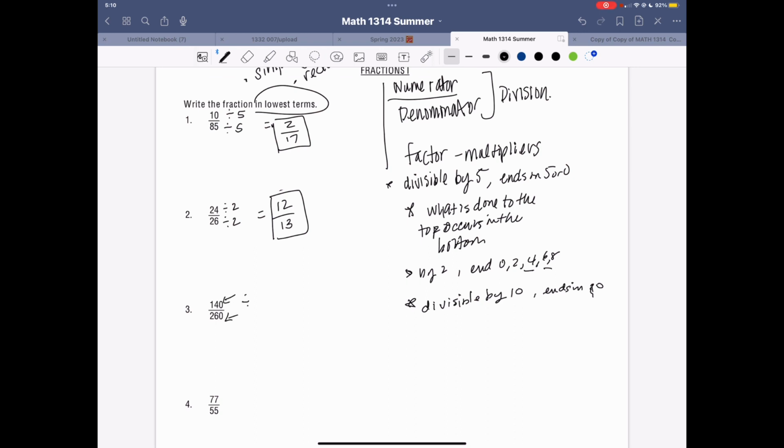So I divide by 10, I get 14 over 26. Now this is not in lowest terms, so we're going to divide one more time. These are again numbers that end in 4 and 6, so I can divide them by 2. Divide by 2 equals 7 and 13. So 7/13 is lowest terms.